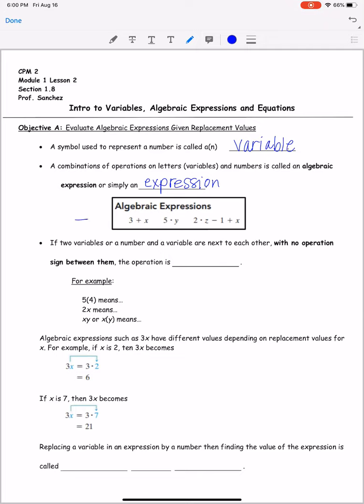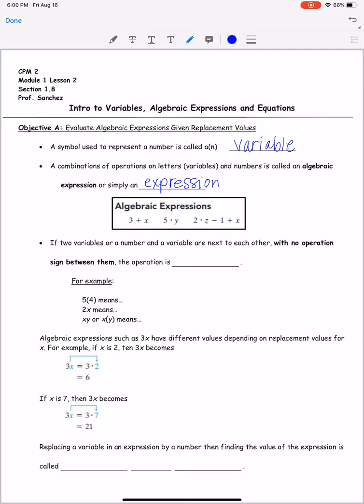And so we have a couple of examples of some expressions here. Notice it says a combination of operations. That means multiply, divide, add, subtract, anything like that. So you've got 3 plus x, 5 times y, or even a combination here of multiplication, subtraction, and addition. Those are all examples of expressions.